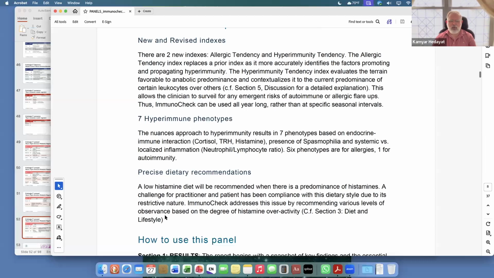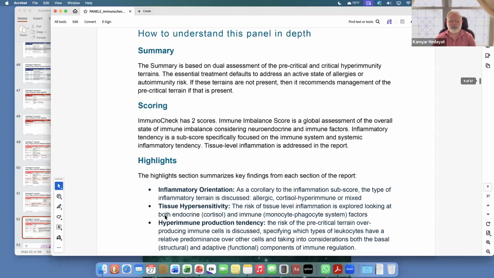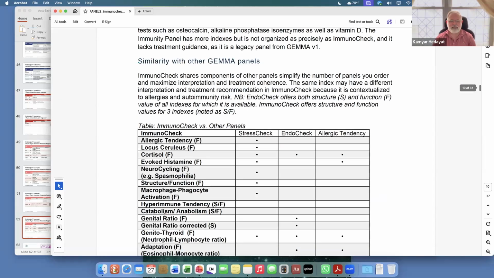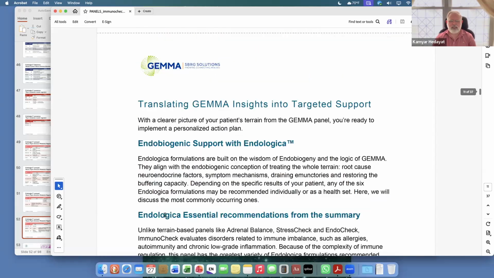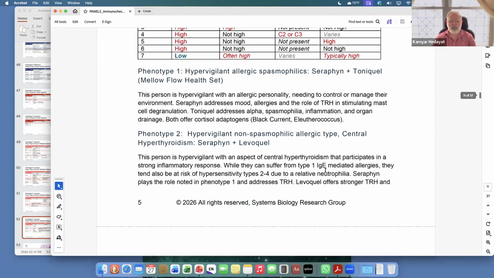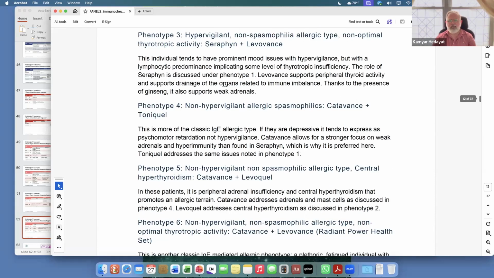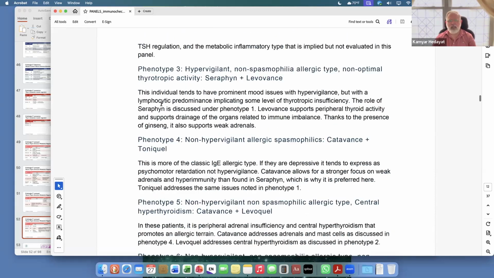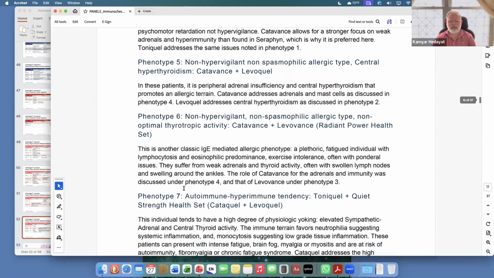It talks about the scoring, the highlights. Here's that comparison table again. Here's a summary of the different treatments that we talked about. There's a discussion of why the combination of the specific Endologica products would help each type of allergic or hypersensitivity patient.